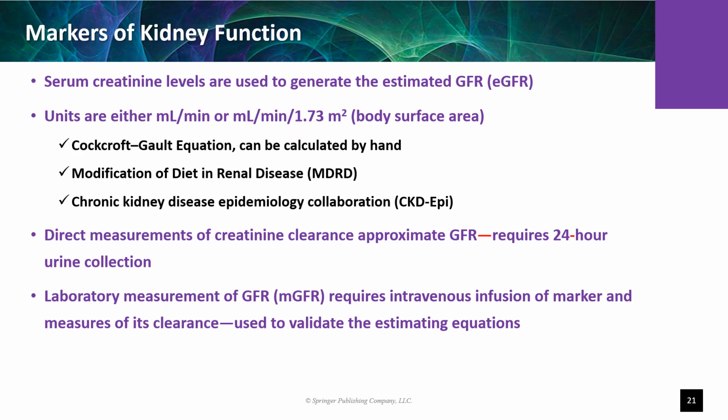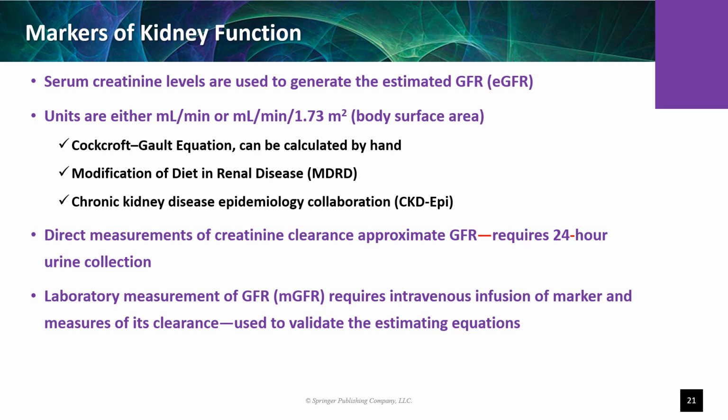The hallmark of acute or chronic kidney dysfunction is an increase in blood levels of urea, so that's blood urea nitrogen, and creatinine. This indicates the loss of clearance functioning of the kidneys. mGFR, not estimated, but the laboratory measurement, is considered the gold standard of GFR measurements.